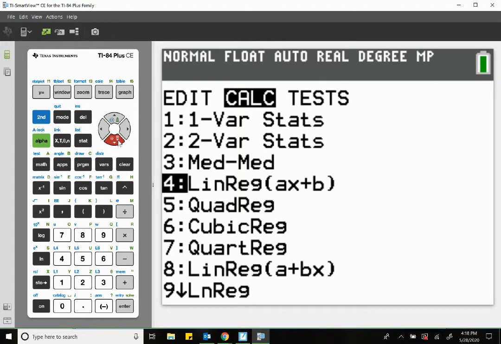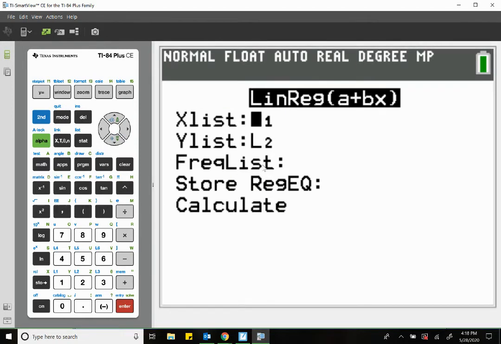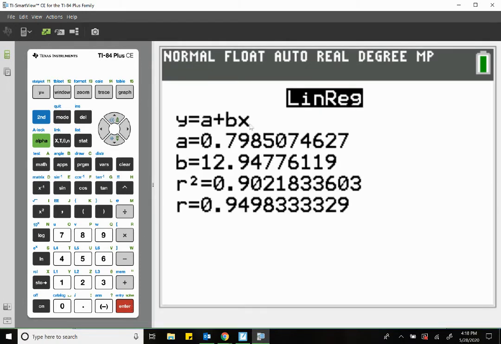So scroll down to number 8, hit enter, and then just hit enter all the way down, just like what you did for the one variable statistics. What you see right here is the equation that models the line. And then down here, you can see your R value.